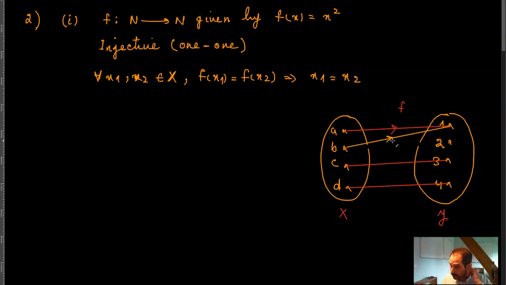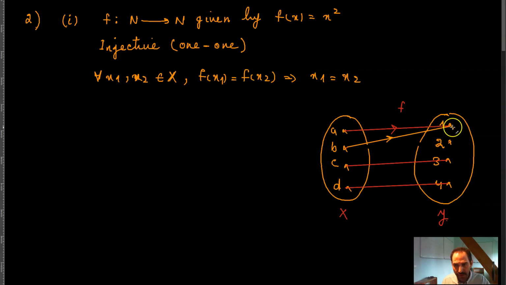This is still a function, there is no problem with that, but now a and b are distinct elements of X and they don't have distinct images in Y. The image of a is the same as the image of b, and both are equal to 1, and therefore you cannot say that f is injective, right?